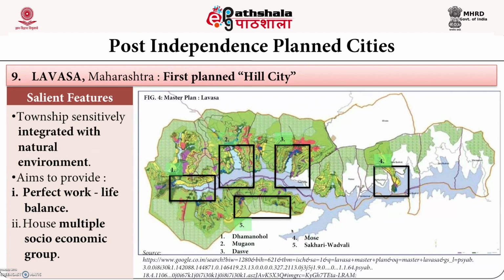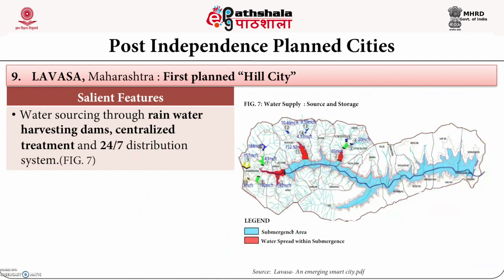It aimed to provide perfect work and life balance. It endeavored to house multiple socioeconomic groups. And the water, if you can see from here, how was the water supplied: water was sourced through rainwater harvesting dams, centralized treatment, and a 24 by 7 distribution system, and this figure also shows the submergence area of the river.